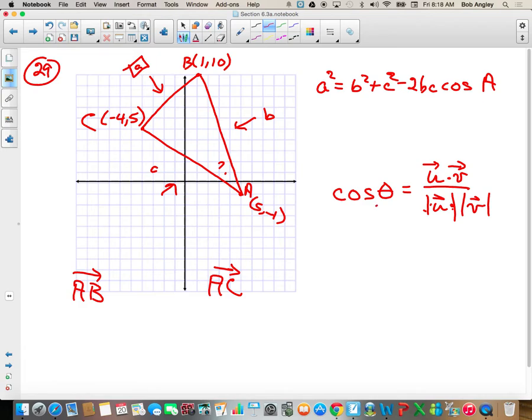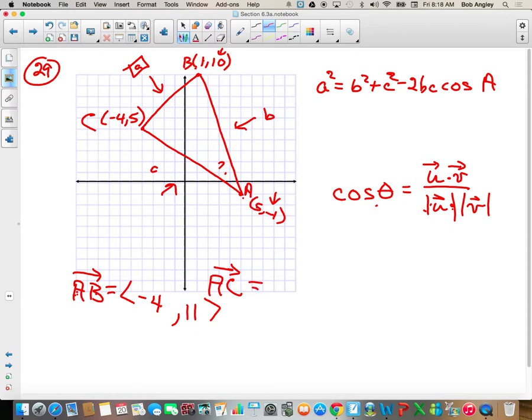So if I want to get AB right here, remember that this is a directed line segment. When I get this, I'm supposed to put the x coordinate of B minus the x coordinate of A. It always goes tip minus the tail. So here we would go 1 minus 5 and get -4. Then to get the y coordinate, it's the y of B, so it's 10 minus -1, and we'd get 11.